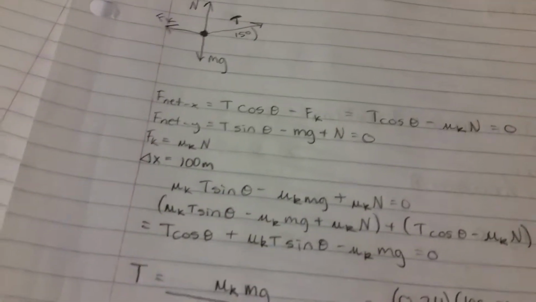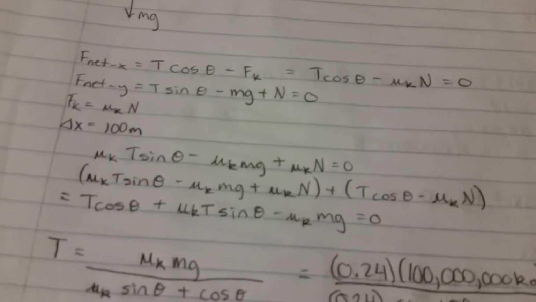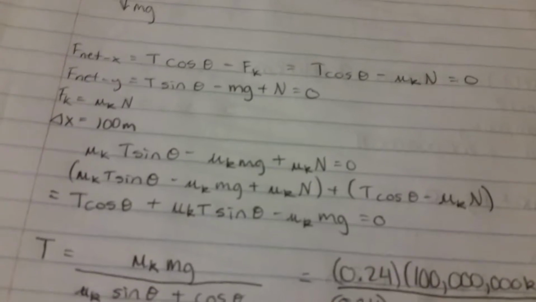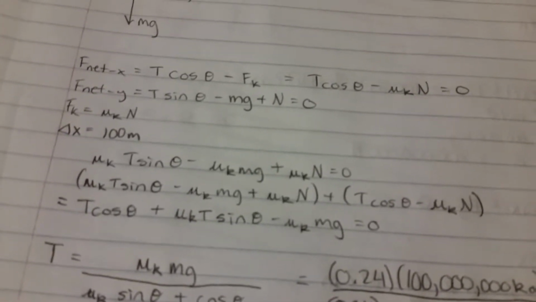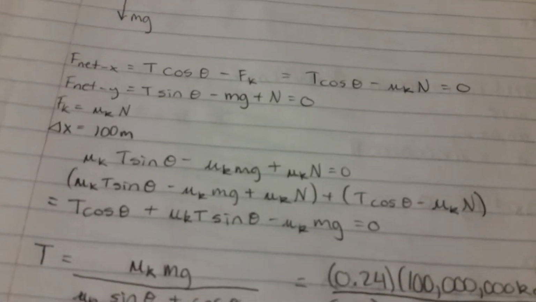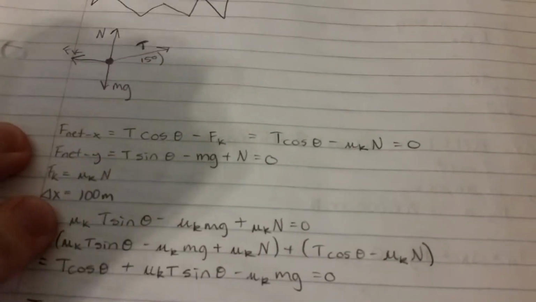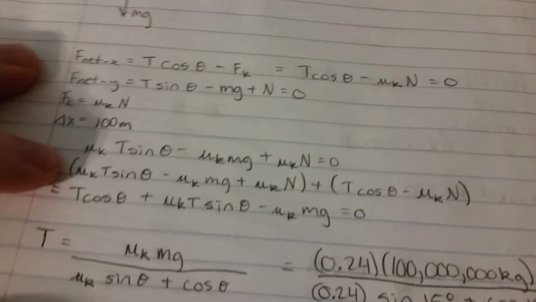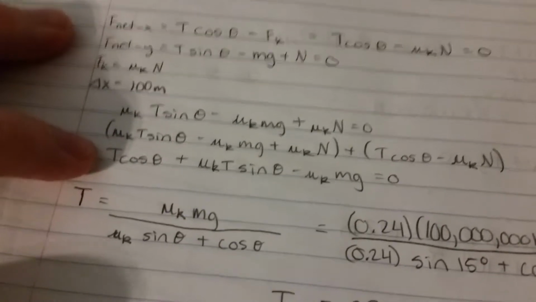And so then we have to solve for T. So we have to get rid of N because we don't know N. So to do that, we multiply the F net y by the coefficient of friction, and that gives us this one. So then when we add the two, the N's cancel out, which gives us this equation.